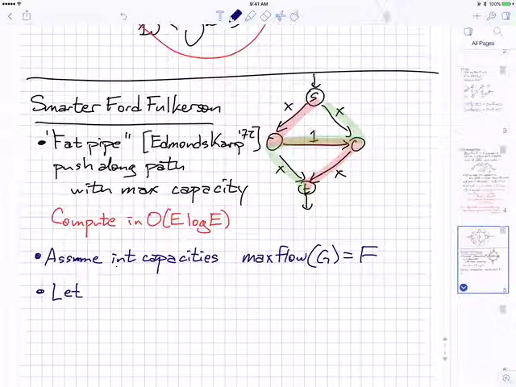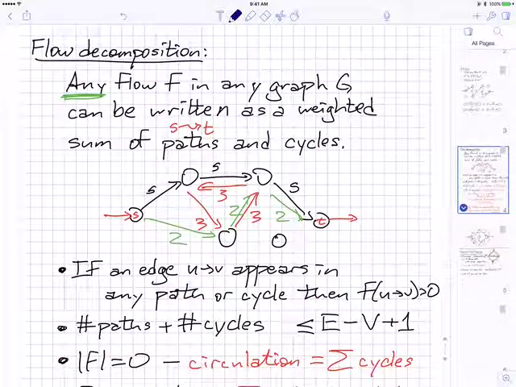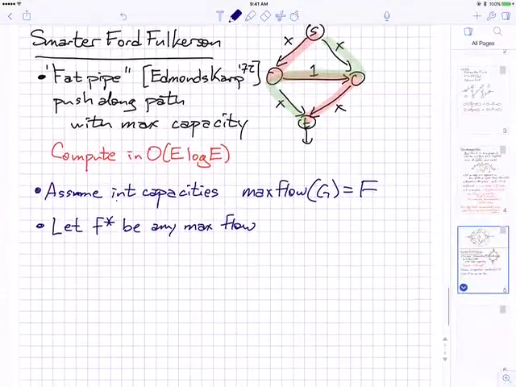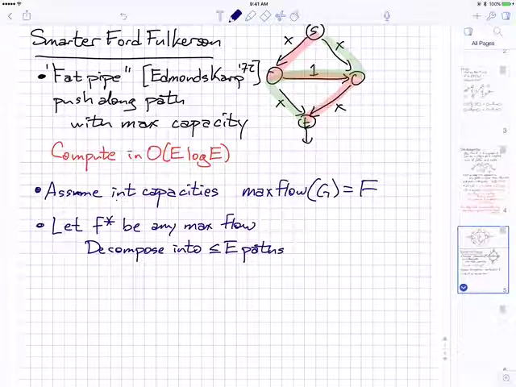I want to argue that there is a path whose capacity is large in a way that I can quantify. Okay? So let's take F star to be any maximum flow. Now, this flow could be decomposed into paths and cycles. Okay? I can decompose it into, at most, E paths. Maybe there's some cycles in it.